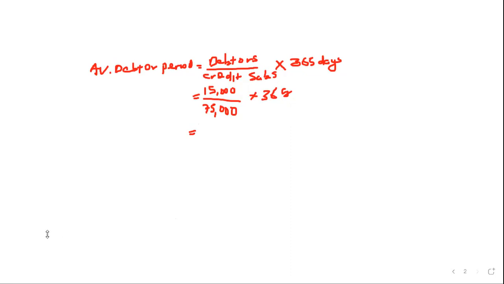So this is 15 divided by 75 times 365 days. So the answer, the number of days will be 73 days.